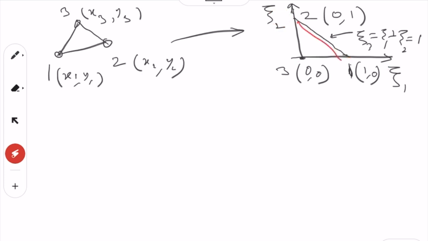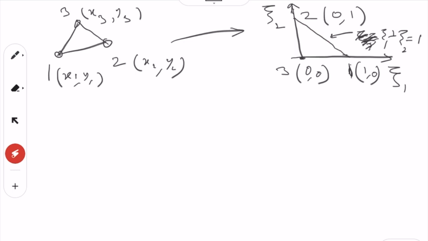Hence, this equation is xi1 plus xi2 equal to 1. We will come back to xi3 later on, but this is the equation so far.